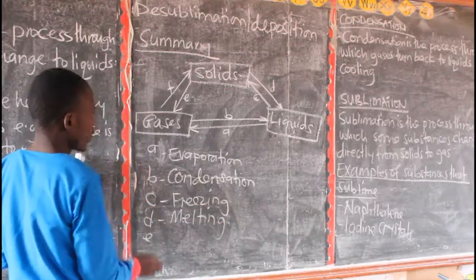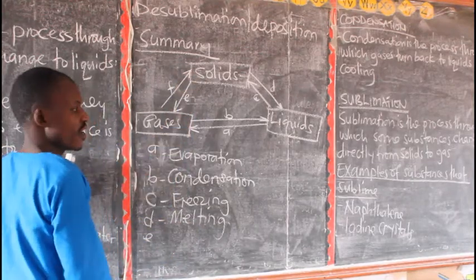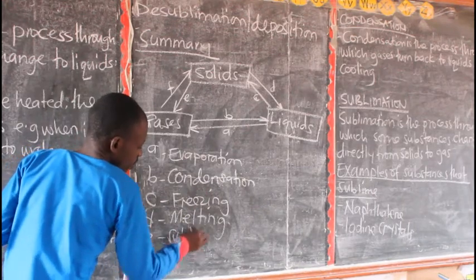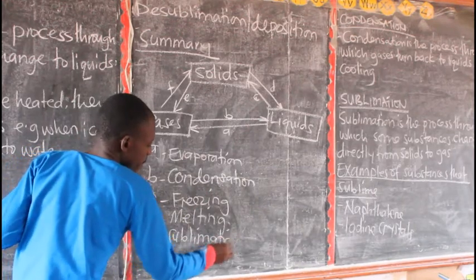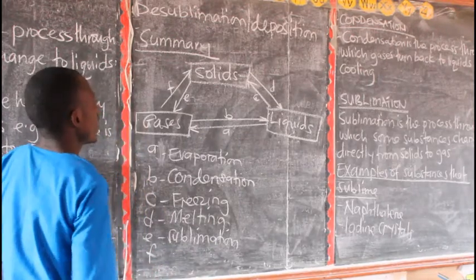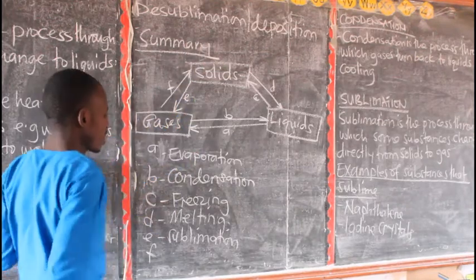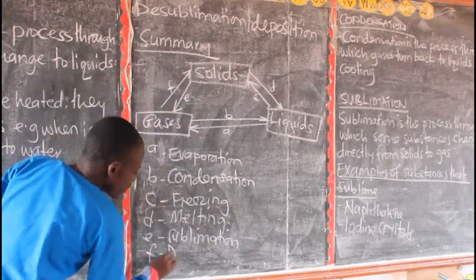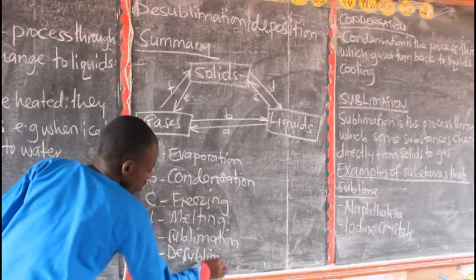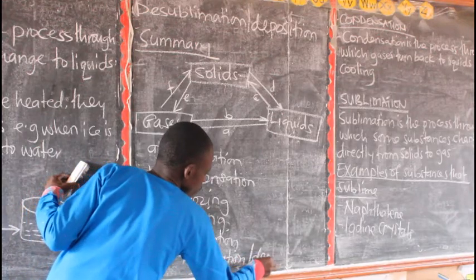Then E, with E we see solid going directly into gas, and we have talked about it as sublimation. Then F, we see gases converting directly into solids. That is desublimation, or deposition.